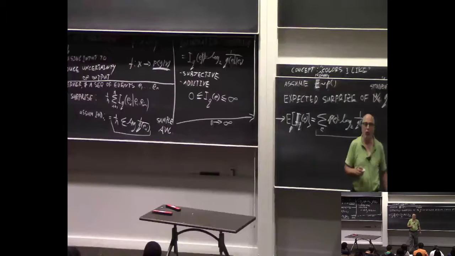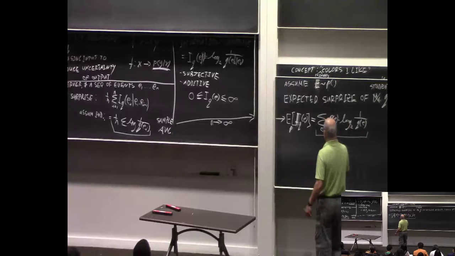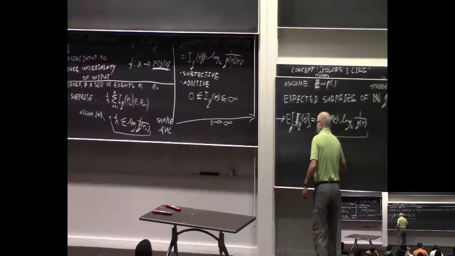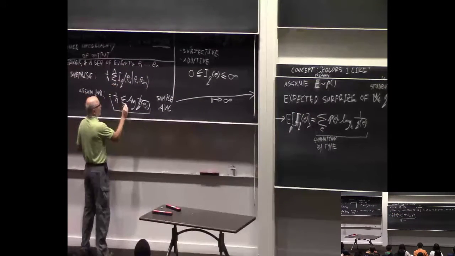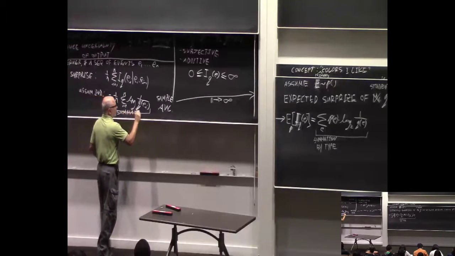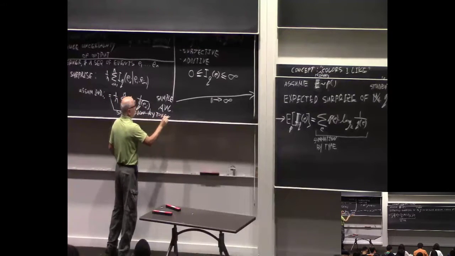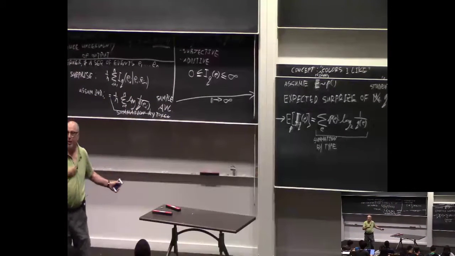One other thing I want to draw your attention to is that the summations are of a different nature. We call this summation by type. And we call this summation by token. When you sum by token, some of the elements in this set might be identical. They might occur multiple times.